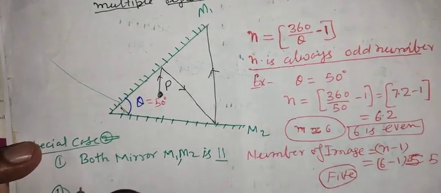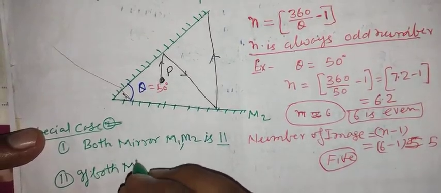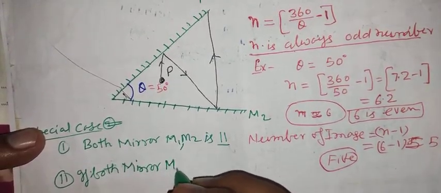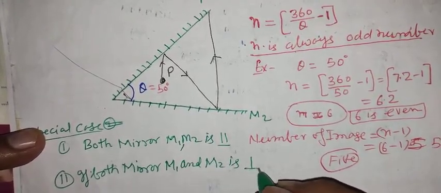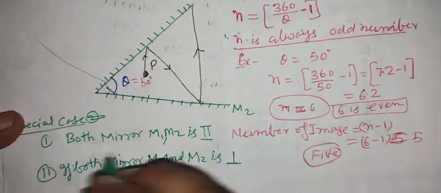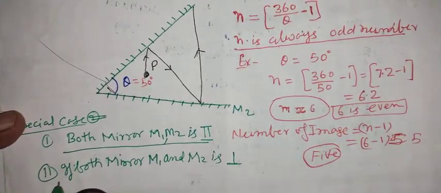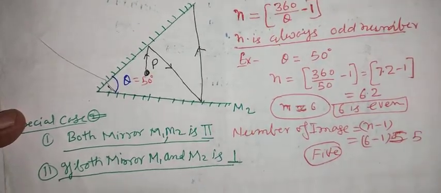Second, if both mirrors M1 and M2 are perpendicular to one another. So we will take both conditions, if both are parallel or if both are perpendicular.